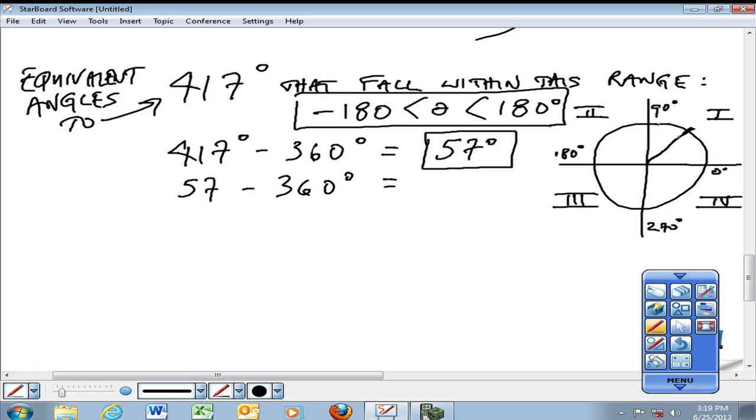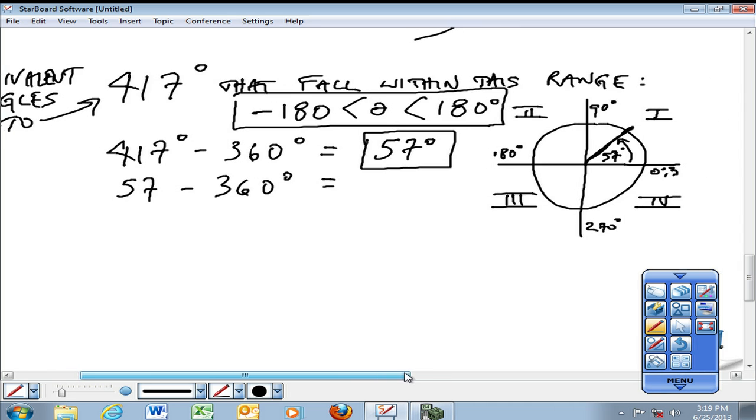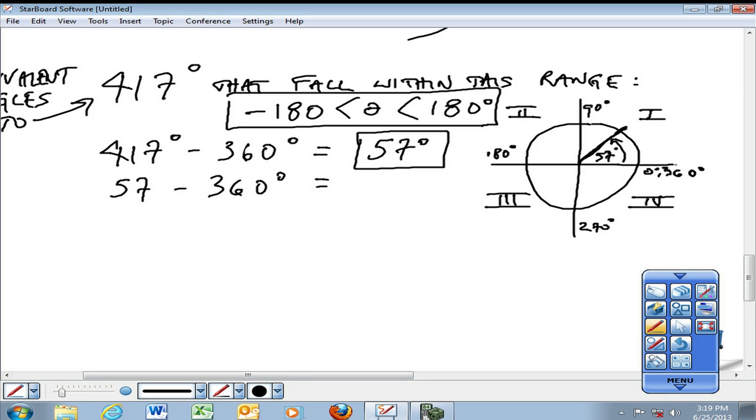You're somewhere about there, guesstimating here. This is your 57 degree mark. We've gone 57, so you're in quadrant 1. This mark, 57 degrees, is in fact 417 degrees. Think about it: 90, 180, 270. Remember, 360 is an equivalent angle to 0 degrees.